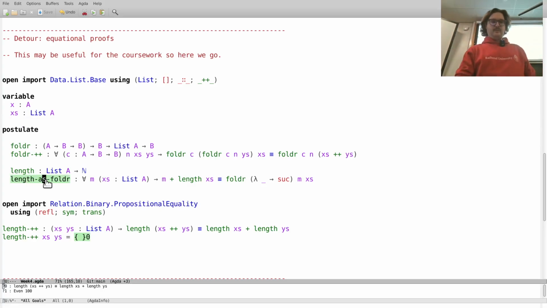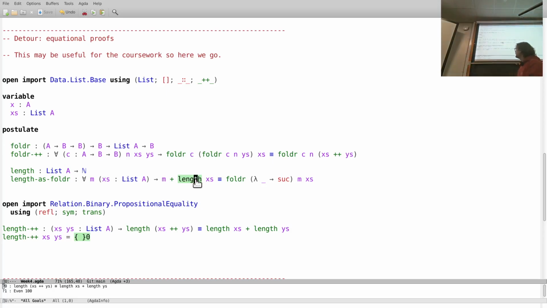So here I'm postulating that fold_r of successor, so it's adding 1 to whatever the current value is, with a base case of m on xs is equal to m plus the length of xs.